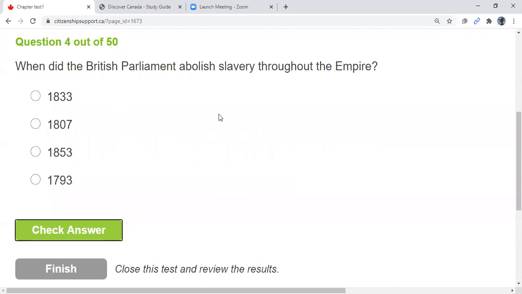And then, Rashid, would you like to do this one, please? When did the British Parliament abolish slavery throughout the empire? 1807.